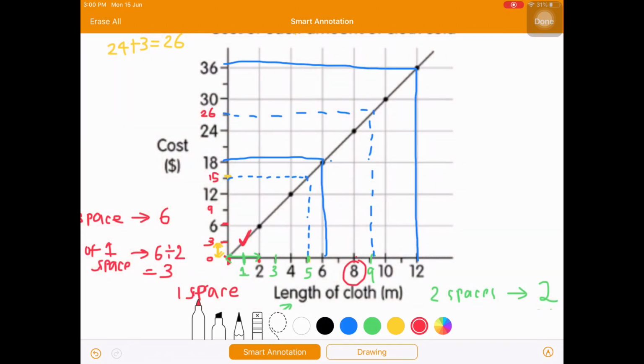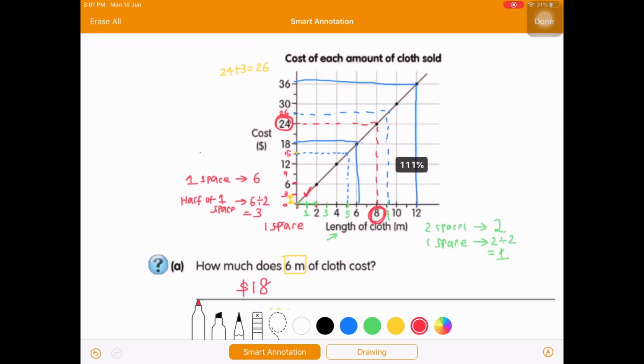So I draw a line up until I touch the line graph. Then I draw a line across to find out what is the cost of 8 meter of cloth. So the 8 meter of cloth cost $24.